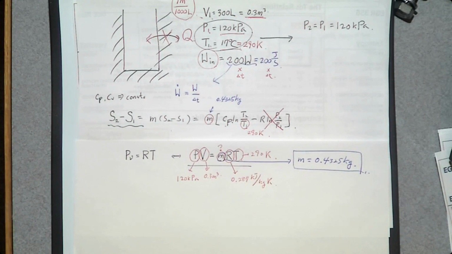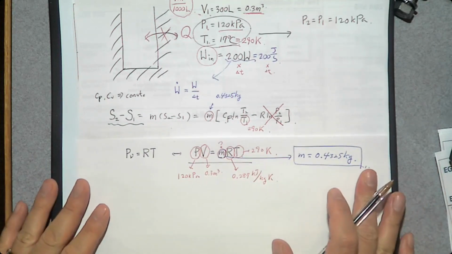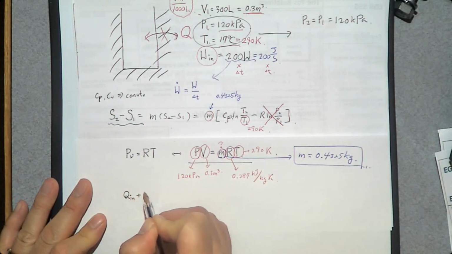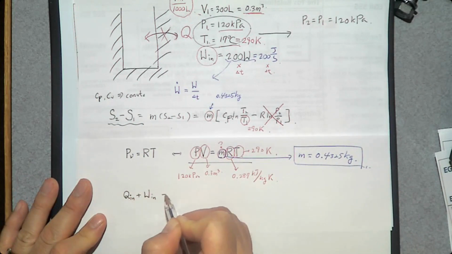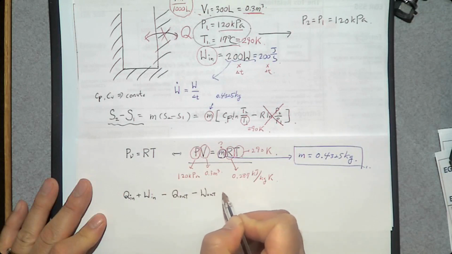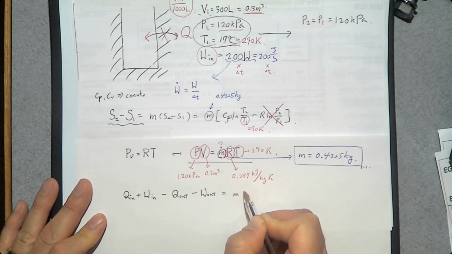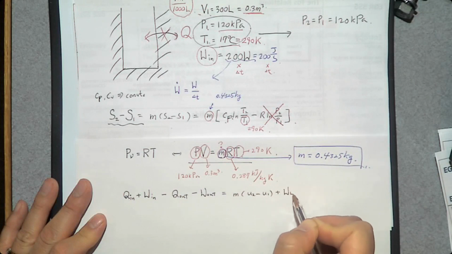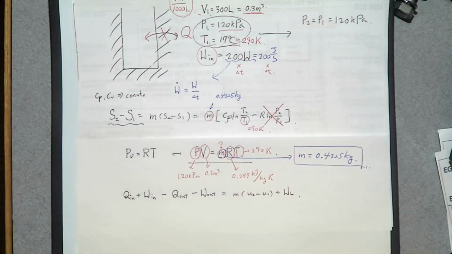Other than this entropy equation, we can use the energy balance equation. So what is the energy balance equation? Q in plus W in minus Q out minus W out is mass times U2 minus U1 plus moving boundary work WB. That is the general energy balance equation for a closed system.